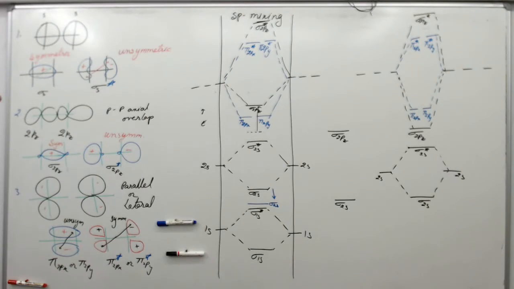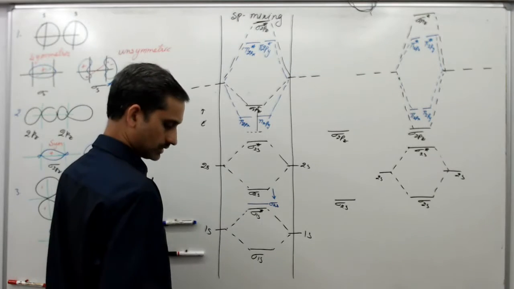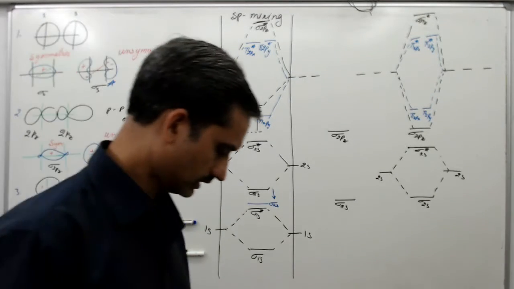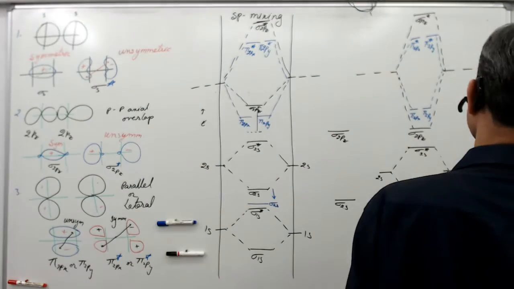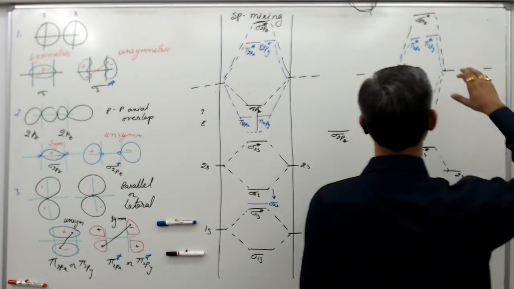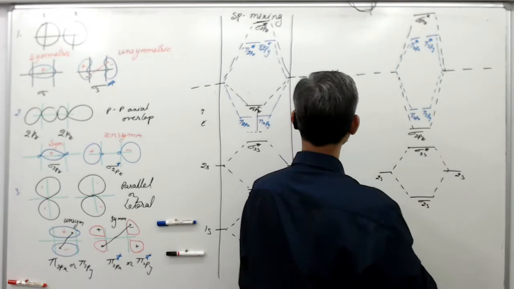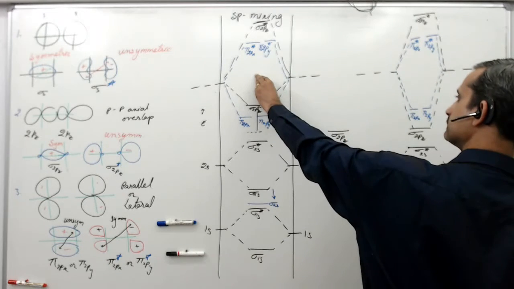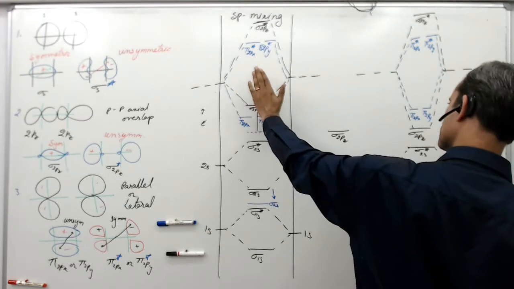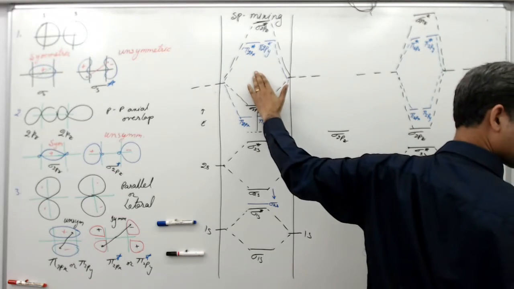So here we have pi 2px and pi 2py, then sigma 2pz. This has taken place because of the SP mixing.